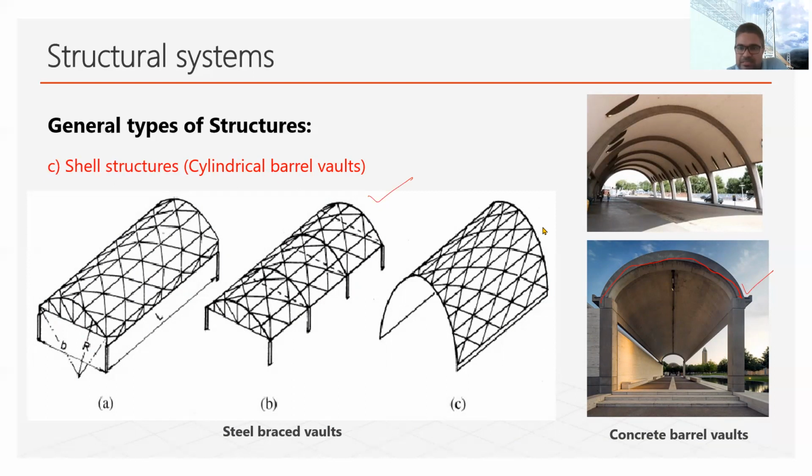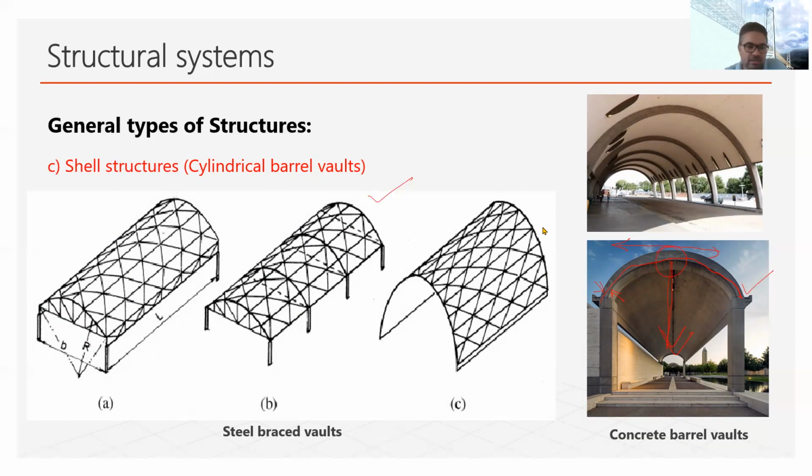So this is basically the transverse direction, and this one is the longitudinal direction. Along the transverse direction, you can see the thickness of the vault is less, but along the longitudinal direction, the thickness in the middle will be larger.